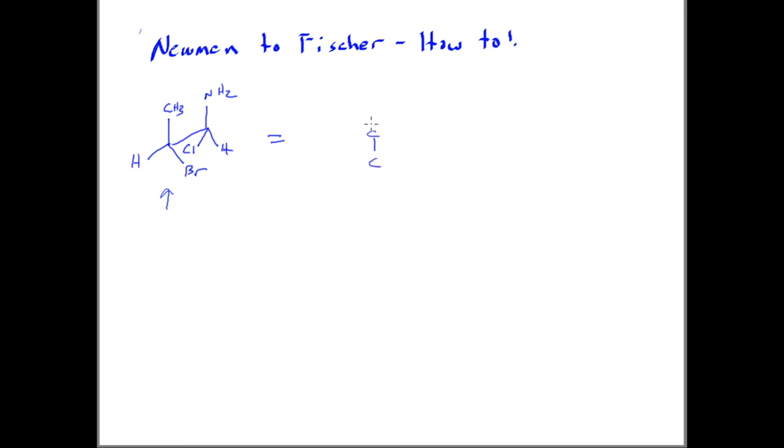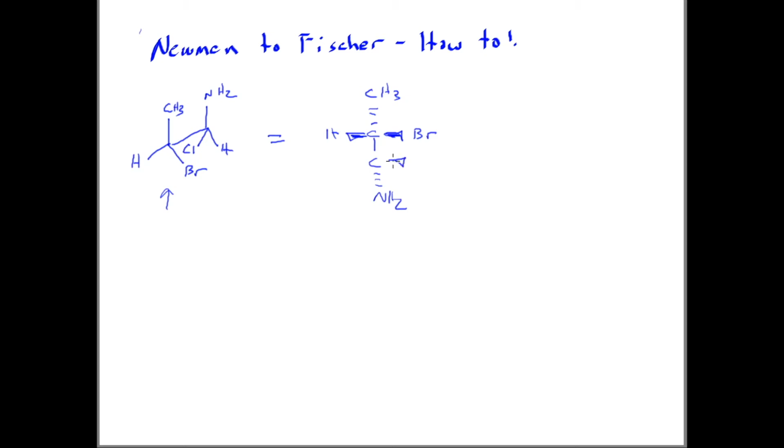Now the CH3 that was there is going behind you, and the NH2 would also be behind you. If you were to view this, you would see that the Br and the H are pointed out towards you. If you need to see this, build a model and then flip it upside down.